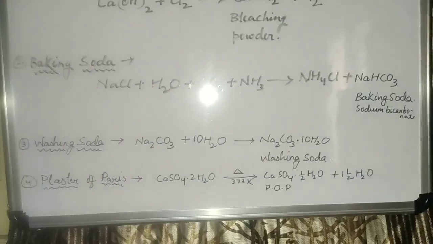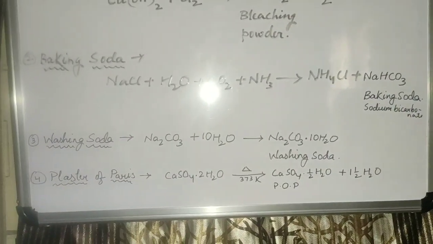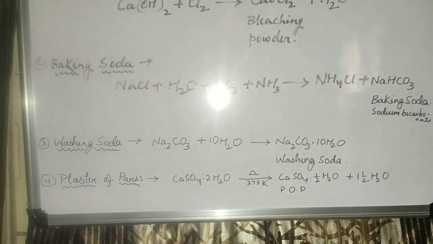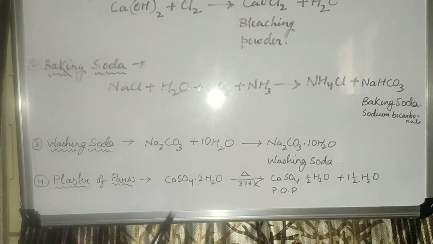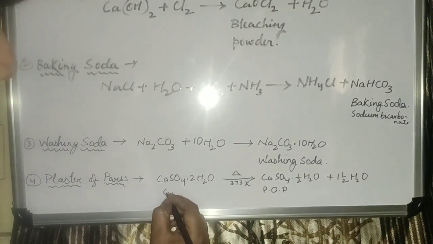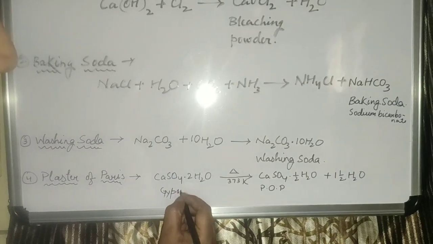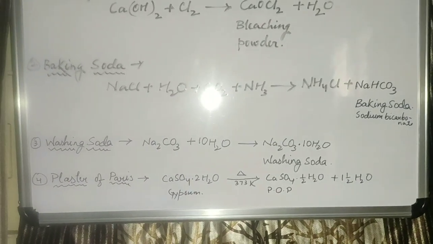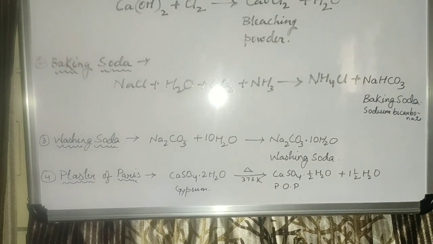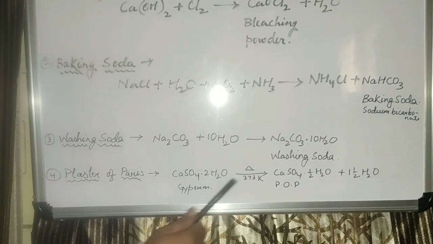Now next is plaster of Paris. What is plaster of Paris? Plaster of Paris is obtained from the gypsum. This is gypsum, calcium sulfate dihydrate.